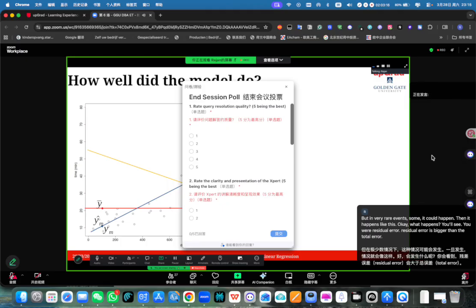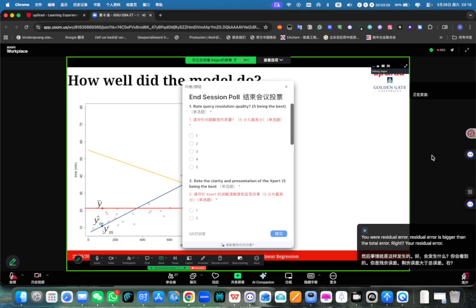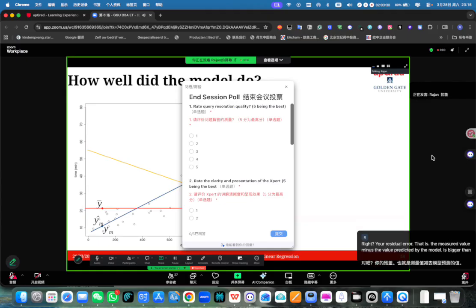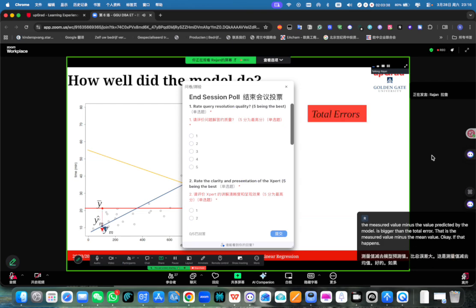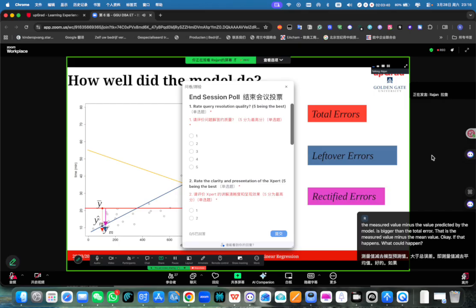Your residual error, that is the measured value minus the value predicted by the model, is bigger than the total error, that is the measured value minus the mean value. If that happens, what could happen?